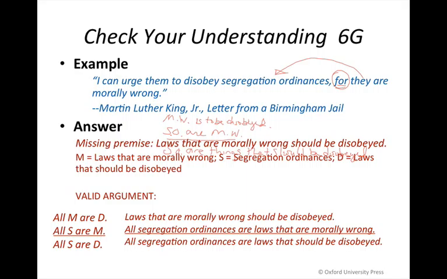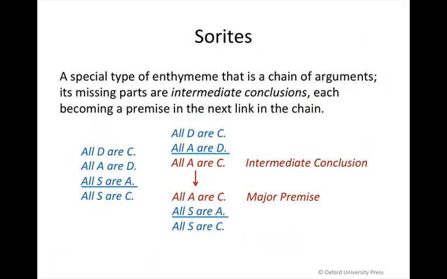So one of the things that's great about working with enthymemes is they force us into making an argument's structure explicit, and it gives us good practice with generating a valid argument. Last, we need to talk about Sorites.